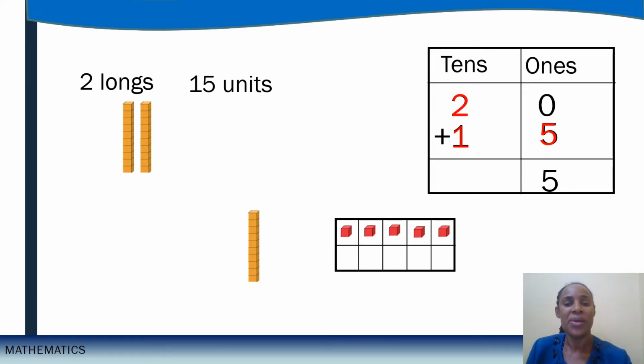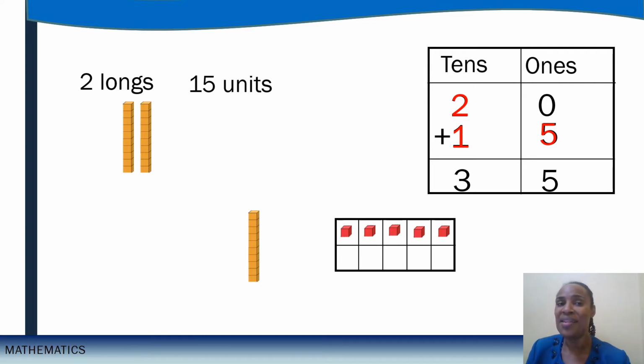So there we go. 1 ten added to 2 tens gives us 3 tens. So on our place value mat, we have 3 tens and 5 ones. We read this number as 35. Excellent, boys and girls. So there we have it. The value of 2 longs and 15 units represents 35.